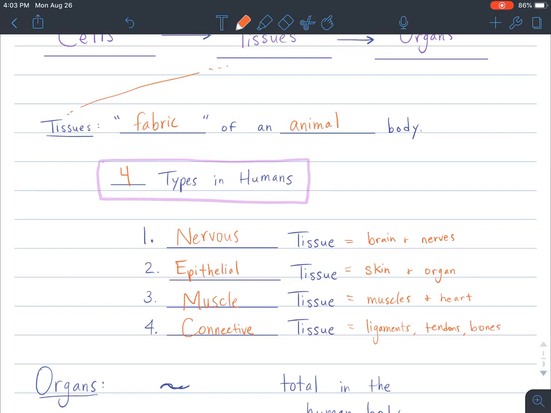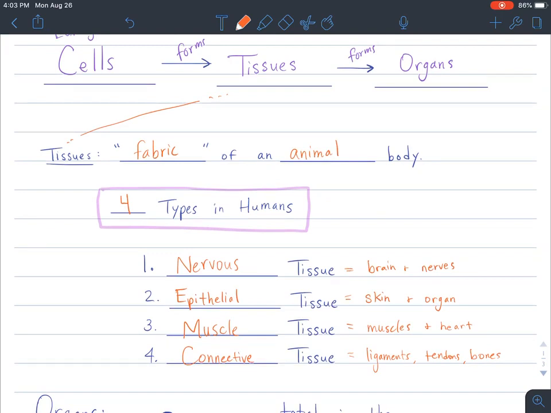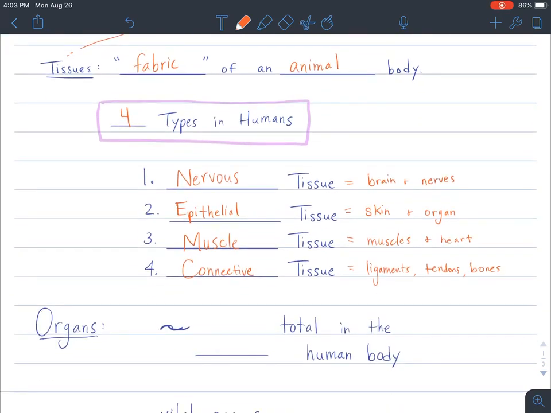So you can see there's 4 types of tissues here, and these 4 types of tissues are what we use as the fabric to make up our different organs. And in total, we have just about somewhere close to 78 organs in our body. I have to say about because some people were born with less organs, or some people have had their appendix removed.